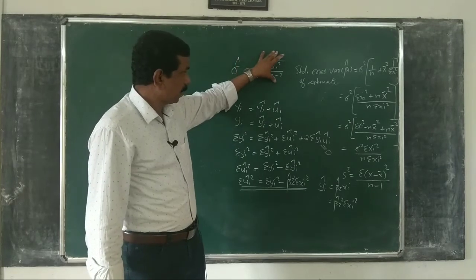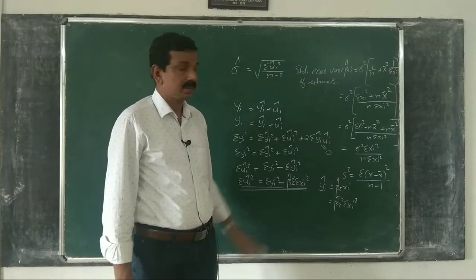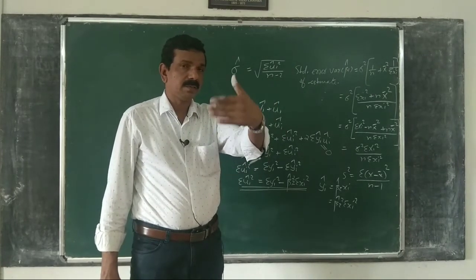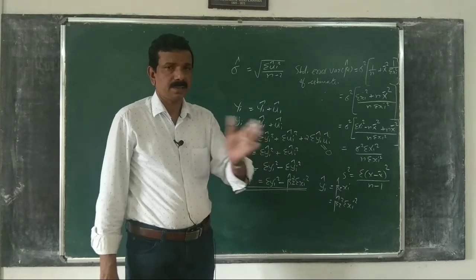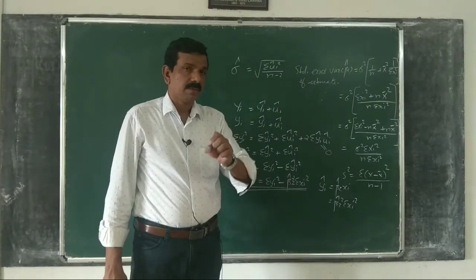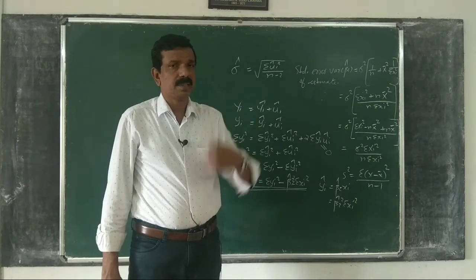That is, sigma u hat i square by n minus 2, the standard error of the estimate, is the standard deviation of y values around the sample regression line, often used as a summary measure of the goodness of fit.